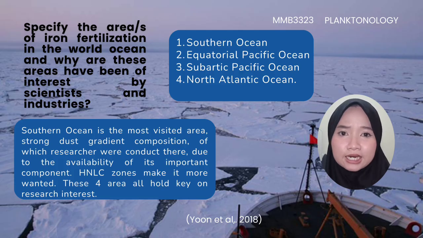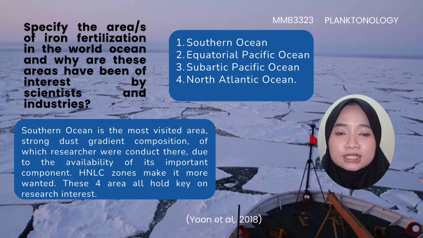Okay, what are the areas that were mentioned frequently by researchers? There are 4 areas, which are the Pacific Southern Ocean, Equatorial Pacific Ocean, Subarctic Pacific Ocean, and North Atlantic Ocean.